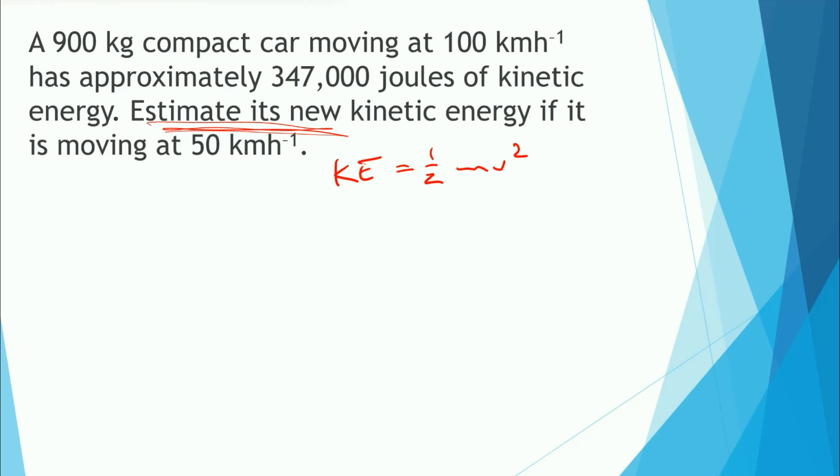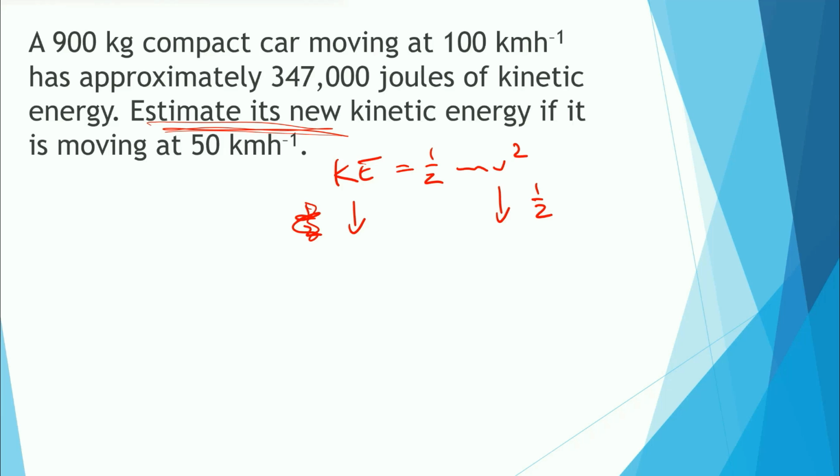Much like that earlier example with the GPE, what we have here is a changing velocity, and it's dropped. So when velocity goes down, kinetic energy is going to go down as well. Kinetic energy is directly proportional to the velocity squared, right? So when the v squared goes down, KE goes down. Now, velocity is half, right? But that doesn't mean that kinetic energy is half.